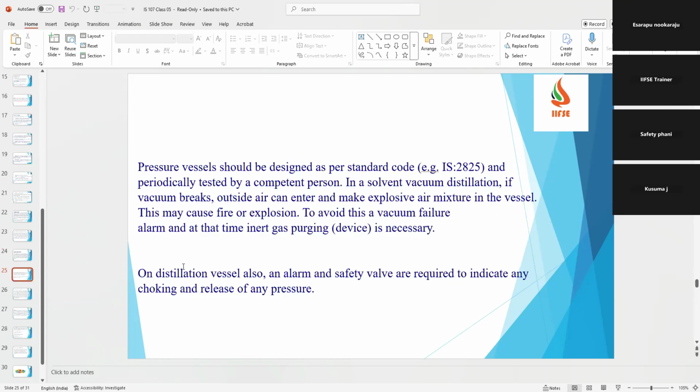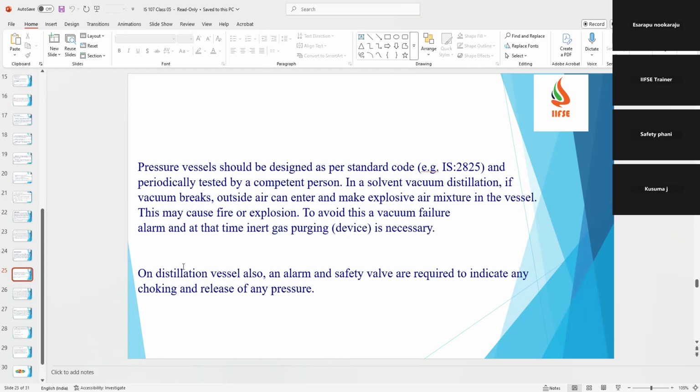In a solvent vacuum distillation, if a vacuum breaks outside, the air can enter and also make an explosive air mixture in the vessels. This may cause fire and explosion. To avoid this vacuum failure, an alarm and also an inert gas purging device is necessary. So in some of the pressure reactions, in case of vacuum failures, there is a chance of outside air entering.